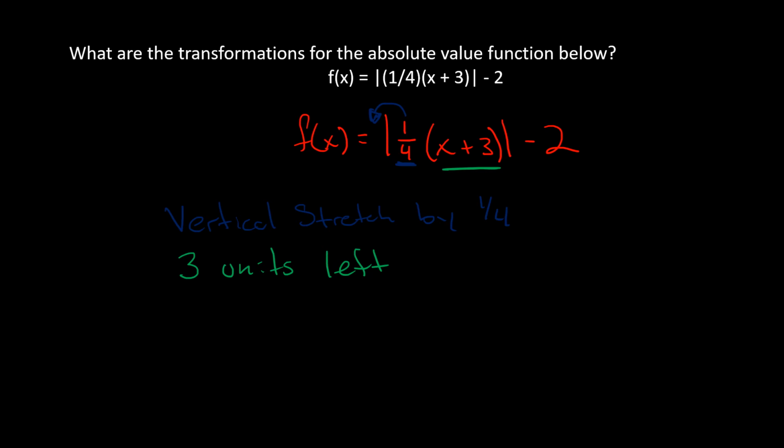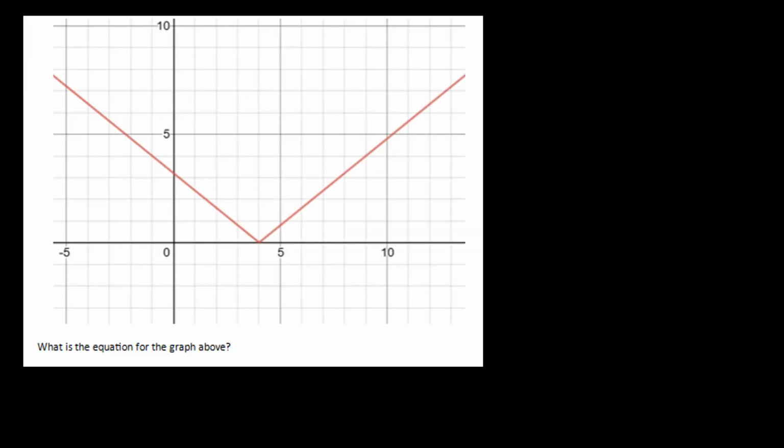If it's a plus 3, we go to the left. Had it been minus 3, we would go to the right. And the last one here is we have that minus 2, so we're going 2 units down. Okay, so this is just a little bit of review. We've been doing this. I just want to make sure that we understand the notations and we understand how to solve these. Okay, let's do another one.